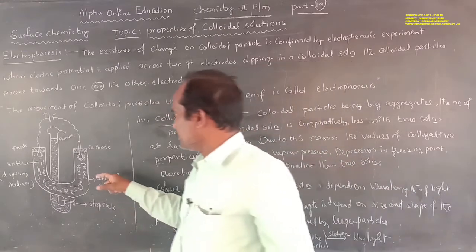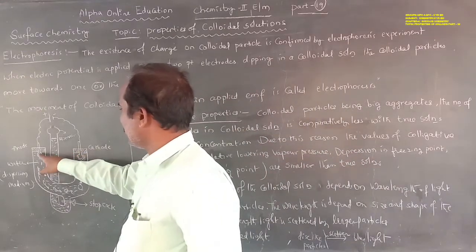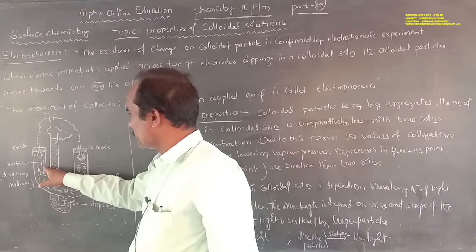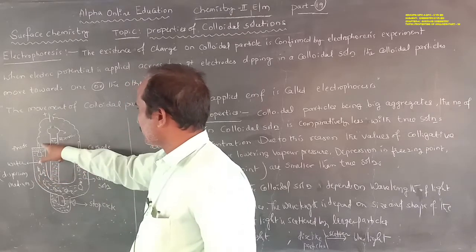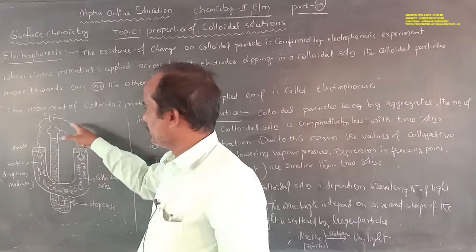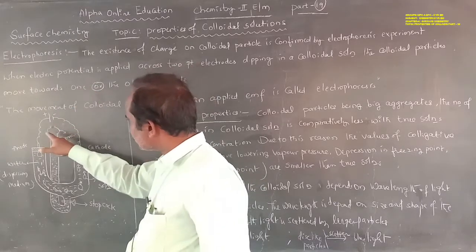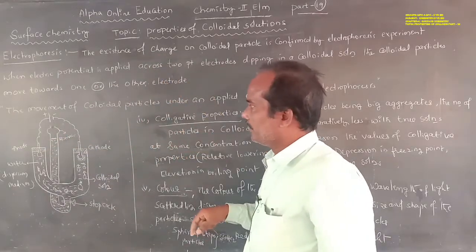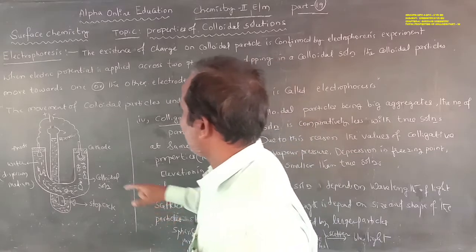Here are the two platinum electrodes. These two platinum electrodes are dipped in the colloidal solution. They can be connected with a battery or electromotive force. So by applying EMF, what happens?